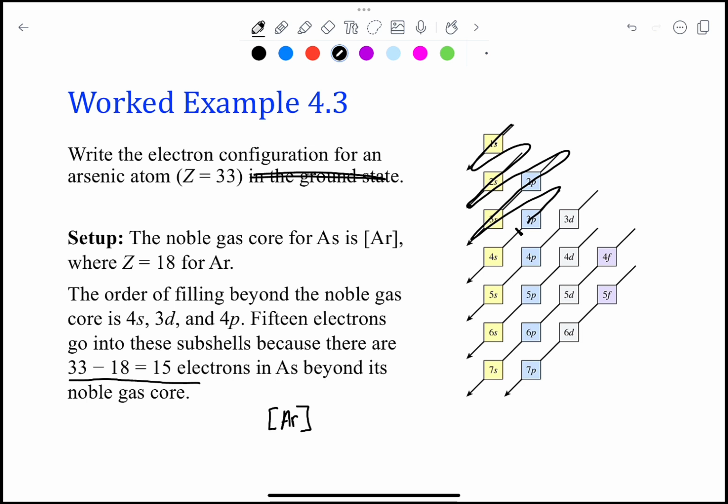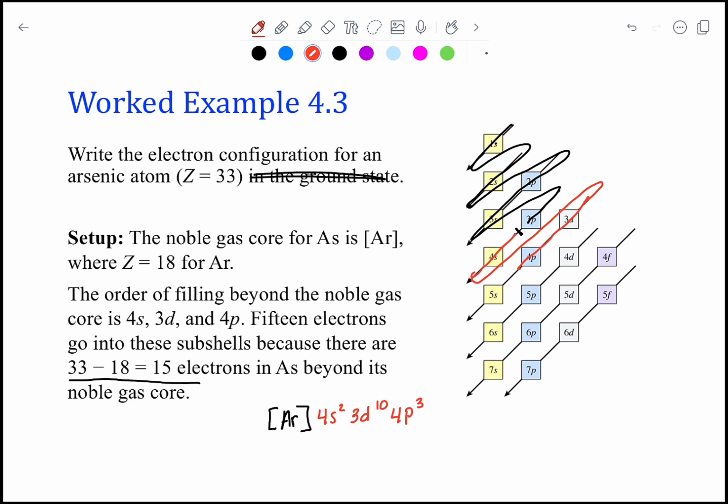So our next portion that we have to do for our 15 electrons is now starting with 4s, which has 2. Then we jump into the 3d, which has 10, so that's 12 of our electrons used. And then we finally go to 4p. So we've used 12, we have 3 electrons left for arsenic.